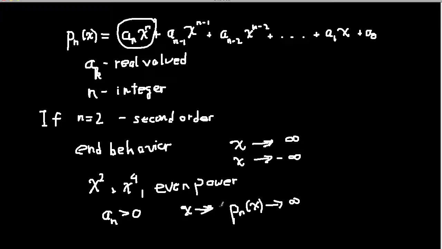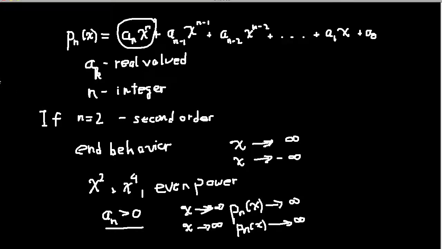So as x goes to infinity, p sub n of x goes to infinity. And as x goes to negative infinity, p sub n of x still goes to infinity. Because if x has a negative value, x squared is positive, and therefore a sub n times x squared will continue to go toward positive infinity. And that's dependent on a sub n being greater than 0.